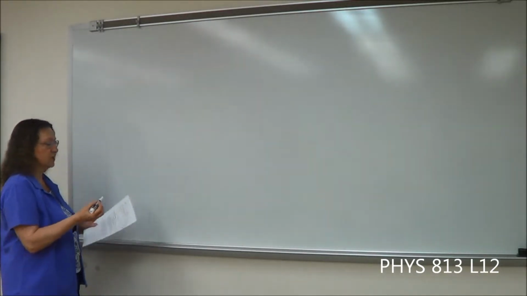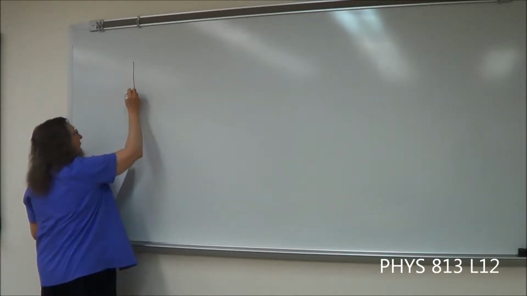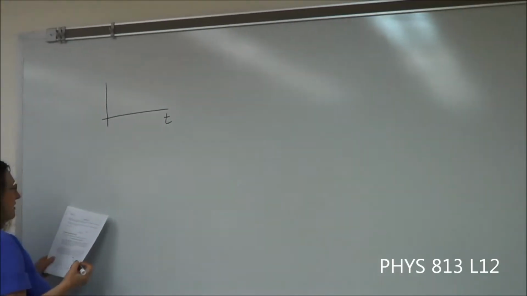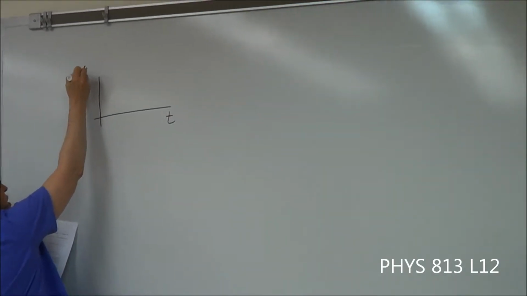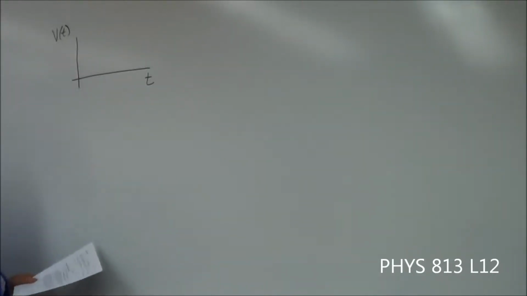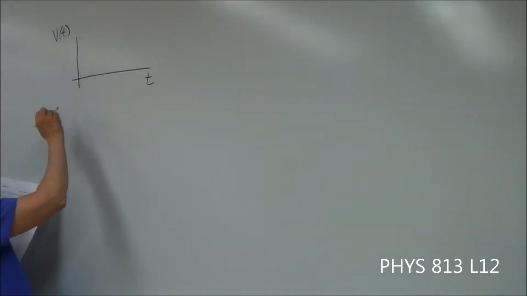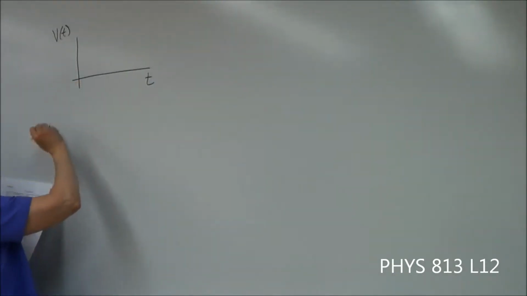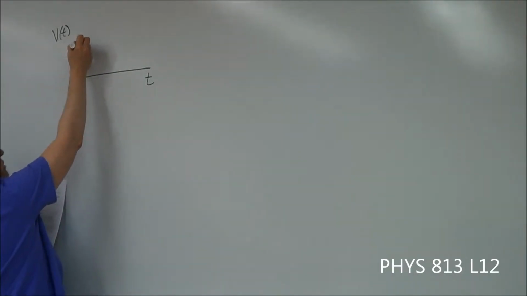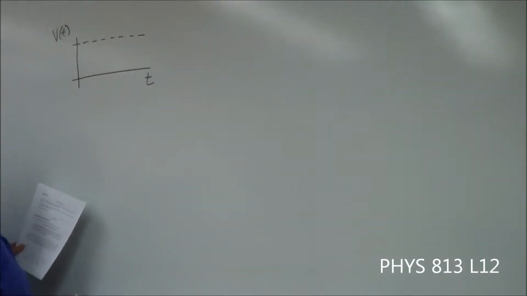There's a place to draw a graph on page 103. We're going to look at just the general shape of it, and this is what was in lesson 7. As a function of time, the voltage across the capacitor. Now we can look at voltage, charge, and current, so we have to keep track of what it is that we're considering. We're going to look at voltage, and for a capacitor, when you close the switch, it begins to charge, and it will charge up to some maximum value.